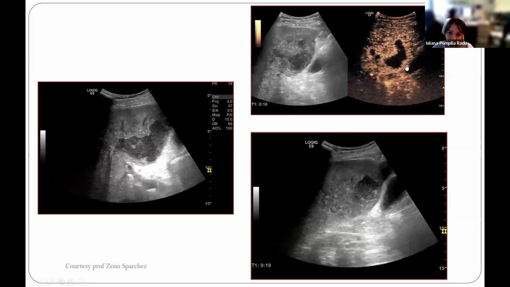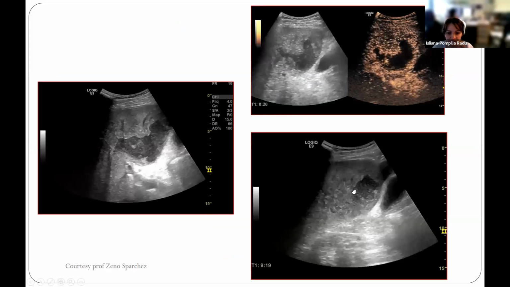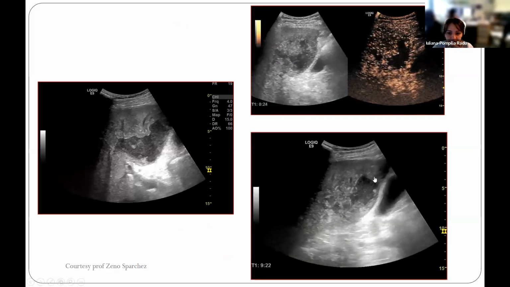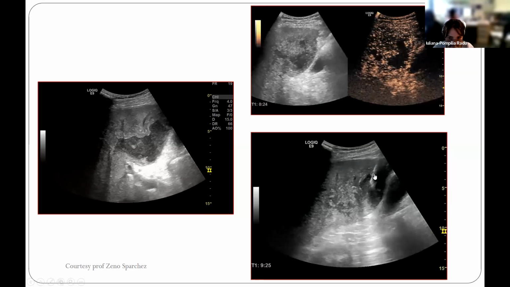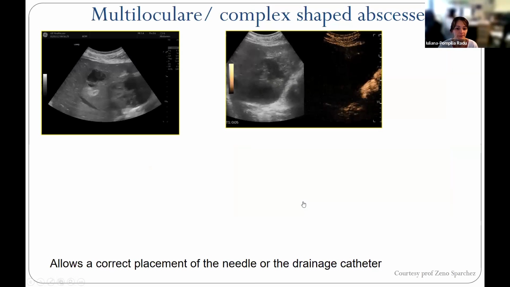You see, this is the necrotic area that can be punctured. I have to say that in Romania, I know it's different from here, but we do this guided with the ultrasound. And here you see the catheter, okay?